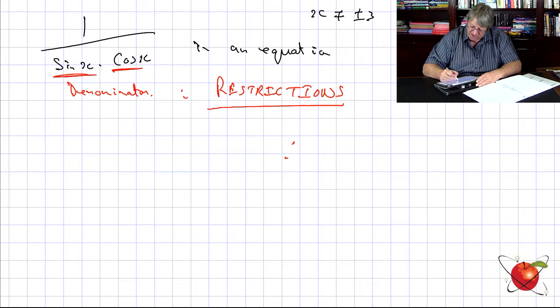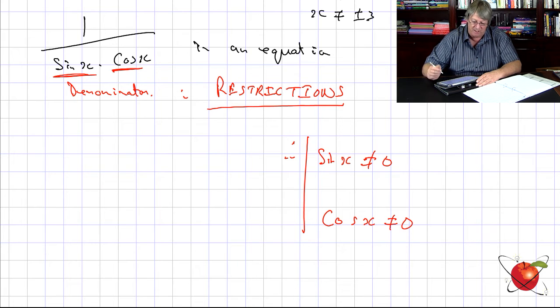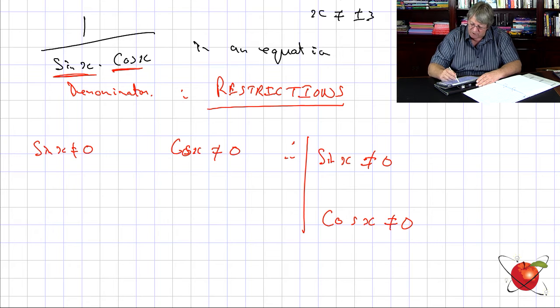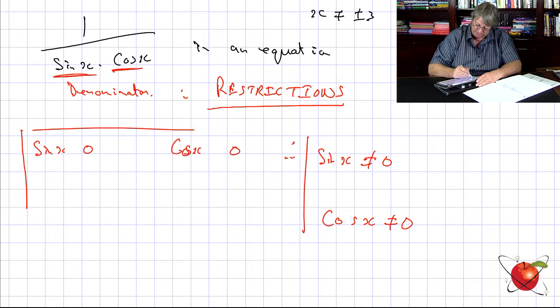And we say, therefore, sine x cannot be equal to 0, and cos x cannot be equal to 0. I'm just going to write them, solve them, and put them in my cannot box.